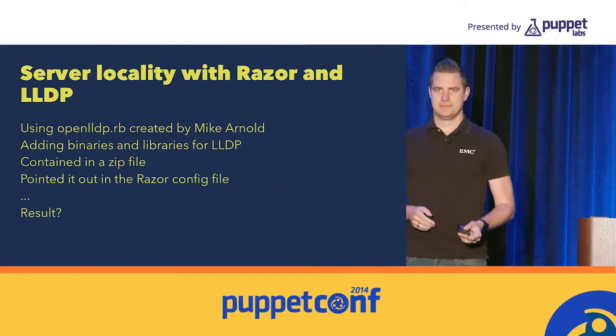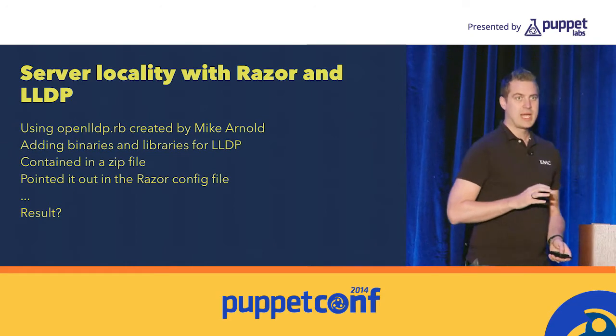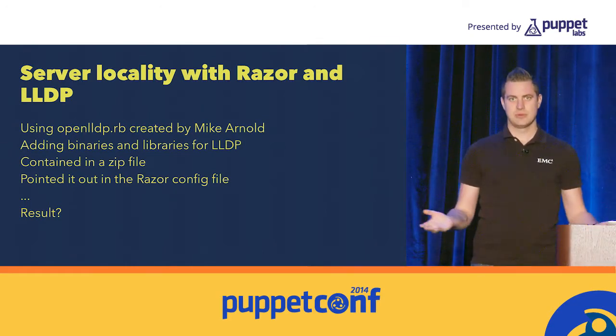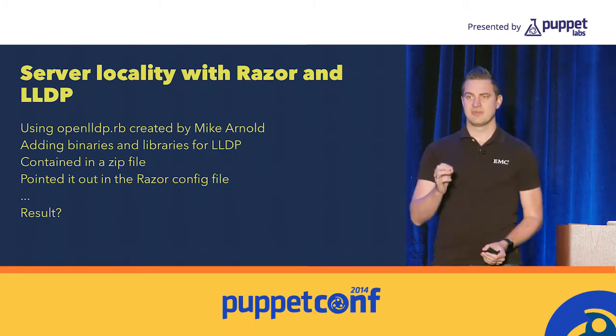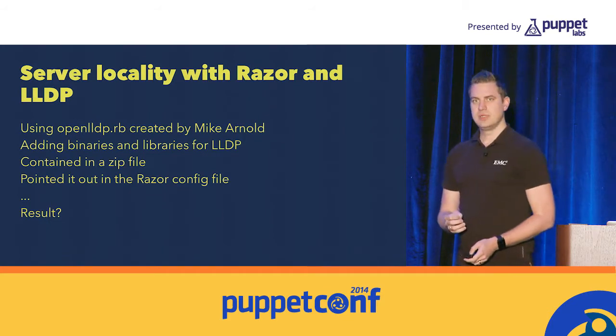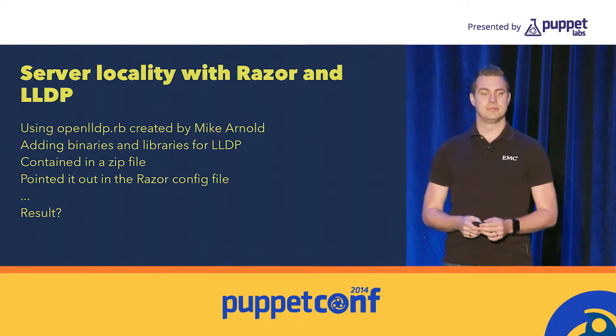So what did I do? I created a server locality microkernel extension. I'm using standard Razor functionality, standard Facter functionality, but I added some facts in there. So I used an open LLDP Ruby facts file created by Mike Arnold.